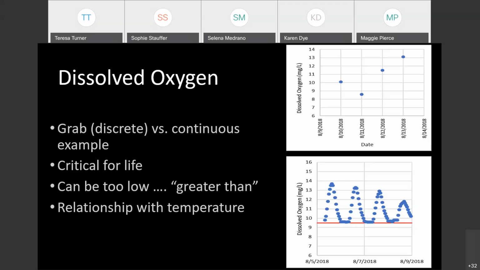And then in the lower right-hand corner, we have a figure illustrating what more continuous data might look like. The real item of note is that when you see the lower right-hand figure, you can see that the dissolved oxygen is varying over a single day. It goes up and it comes down and it bottoms out usually in the wee hours of the morning.